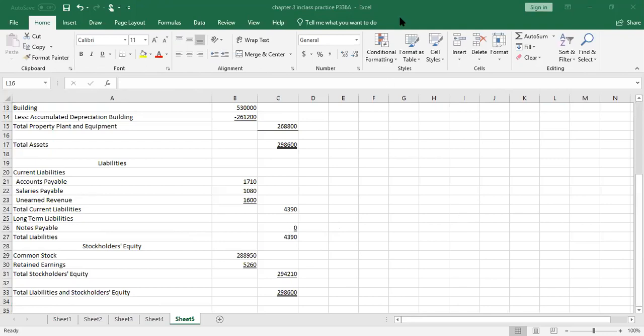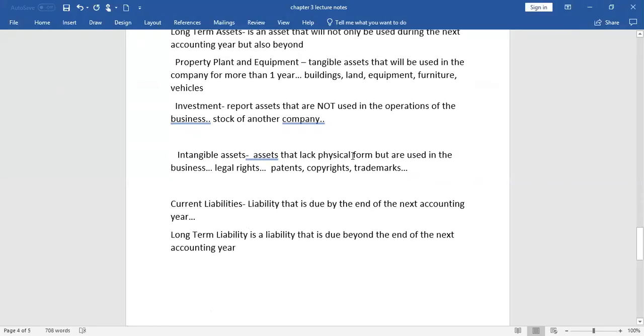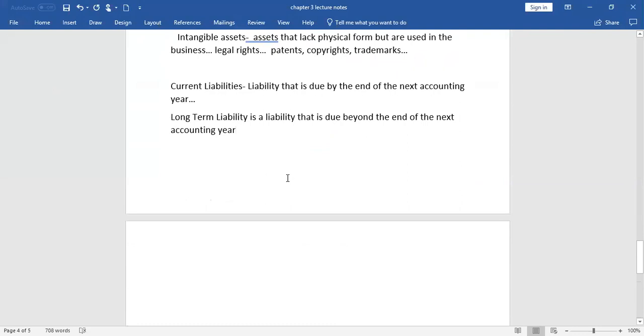Well, I'm going to go back over to my Word document, do some more lecture notes because we want to finish up this accounting cycle. Okay. Once we are done with the financial statements for an accounting year, we've achieved our purpose for that year.